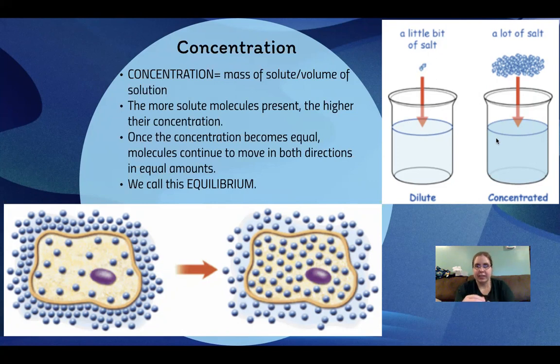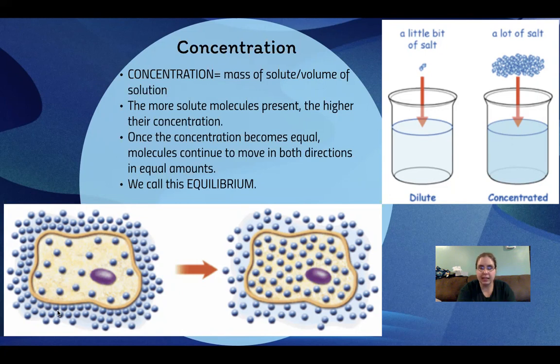Now nature favors equilibrium. And what that is, is when the concentration is equal on both sides of a membrane. And that's what we see in this bottom picture here. So here's our cell. And we notice that the concentration of whatever solute this is much, much higher on the outside of the cell.